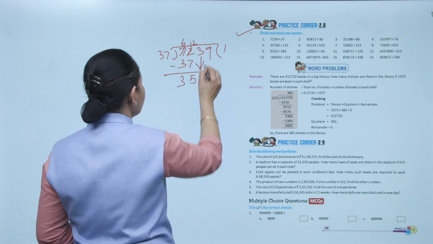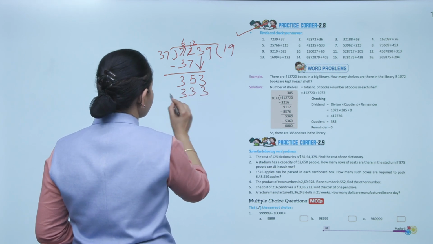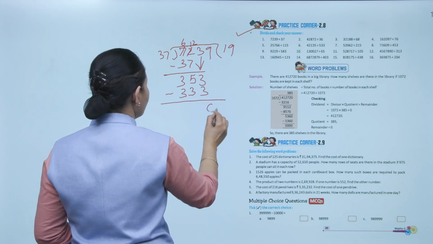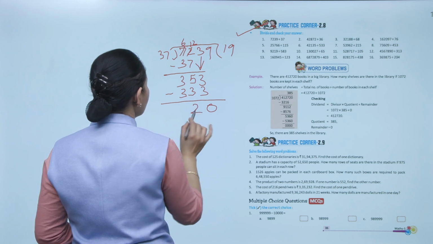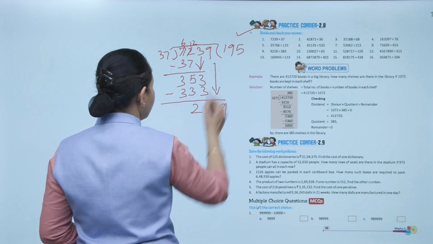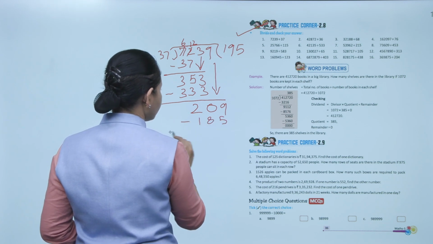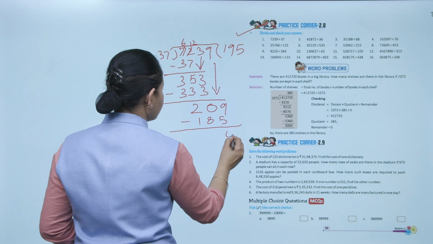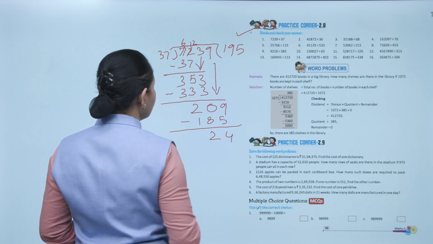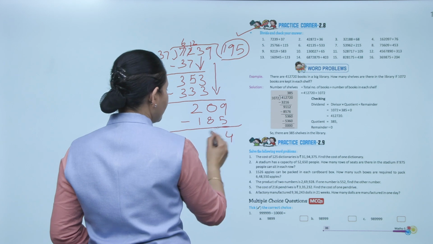Next number note down करेंगे 3, 9 times, subtract करेंगे 0, 2. Next number, that is 209. 5 times, 185. 24. So 195 is our quotient, 24 is our remainder.